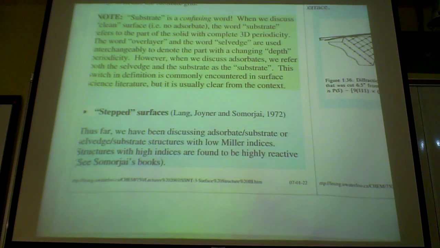In particular, they have something called step surfaces, which are not low Miller index surfaces. So Somorjai and his group at Berkeley started, very systematically in fact, to study multiple of these step surfaces, and they require a very good crystallographer to make all these surfaces.